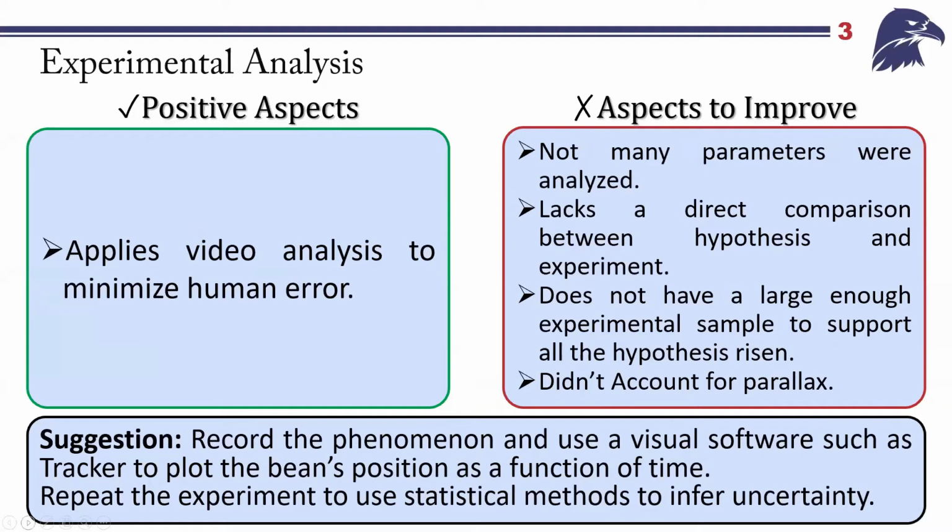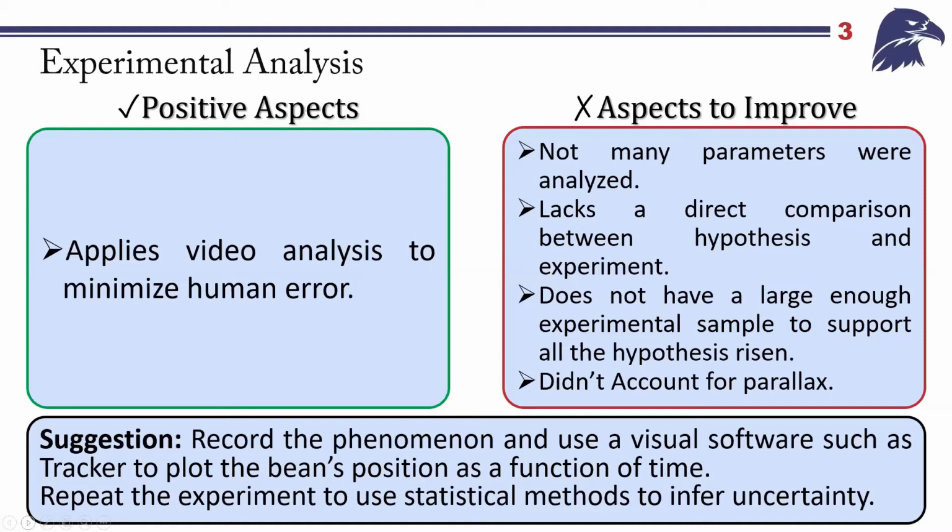Another thing is that many parameters were analyzed. He just analyzed the ratios, but it's kind of tricky because we don't know if the ratios are independent, if it depends on the ratio or just on one mass or the other mass, or one length or the other length.